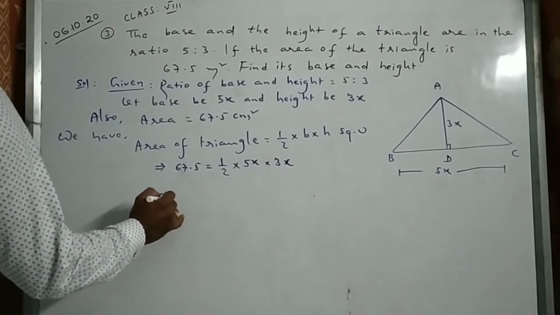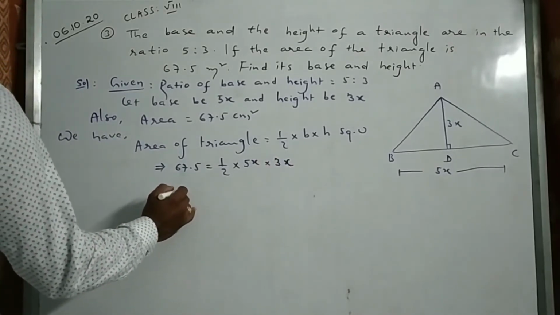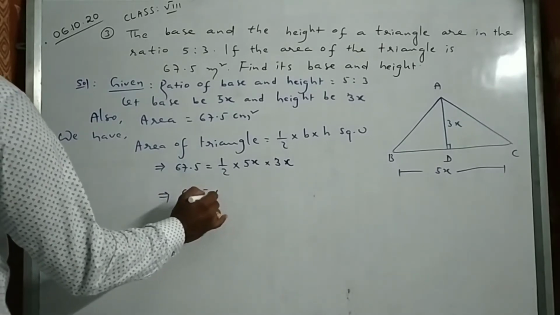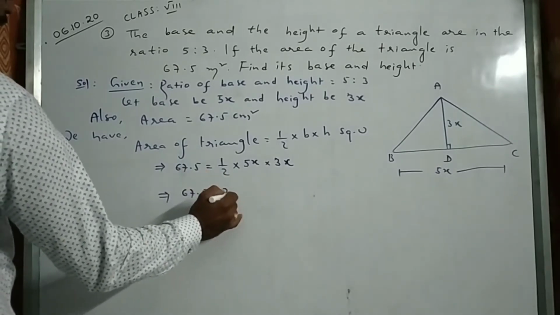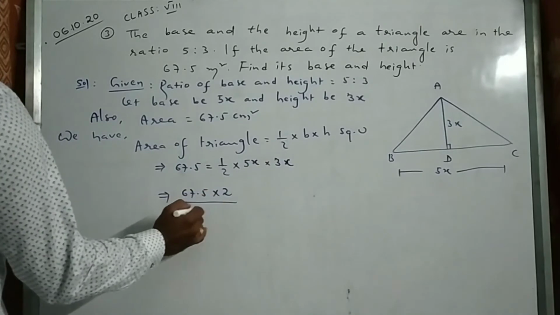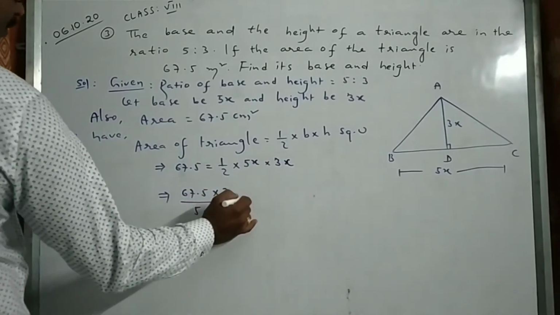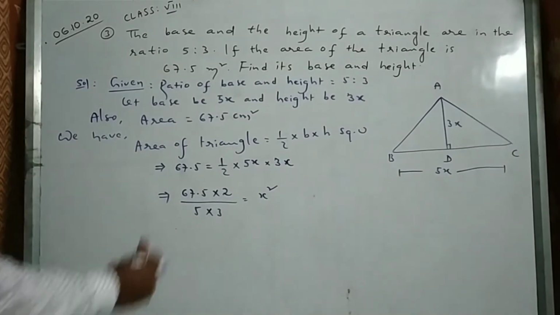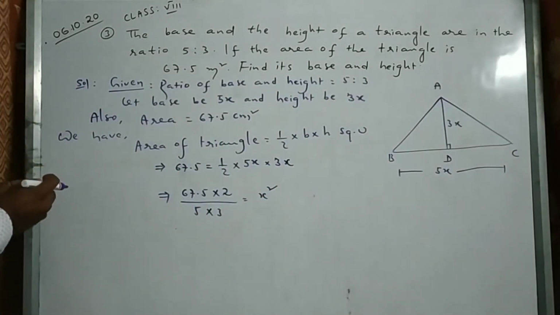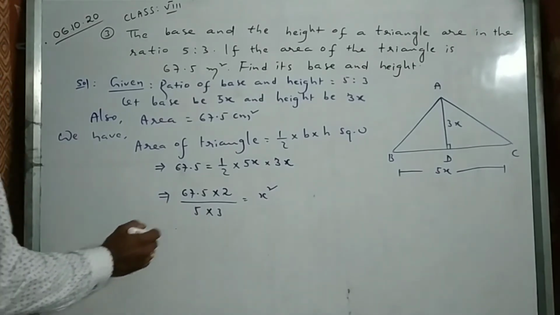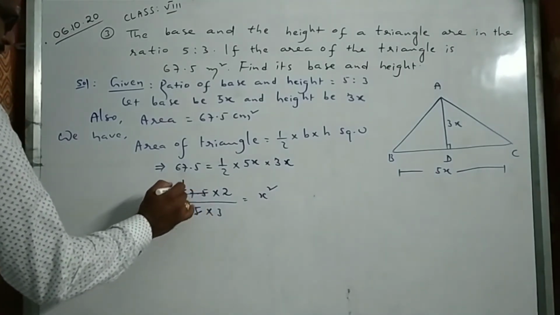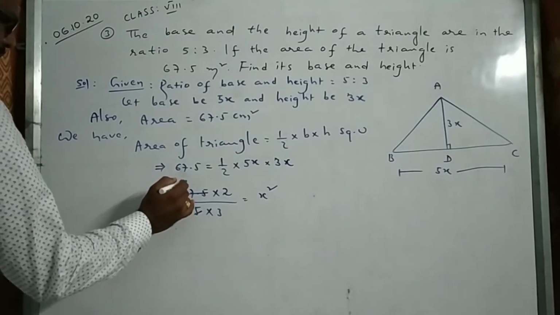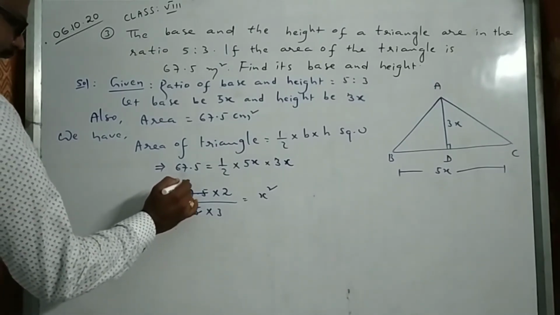So we can write 67.5 into 2 by 5 into 3. x into x, square, keep it there only. Multiplied terms, when you bring this side, it becomes division, right? So you can cut now. 5 threes are 15.